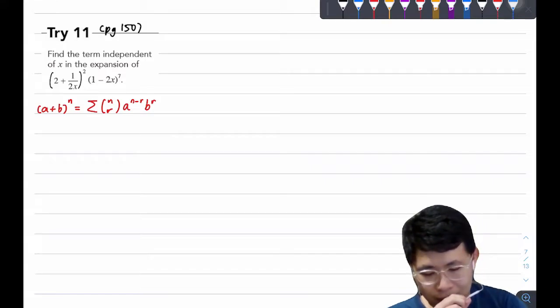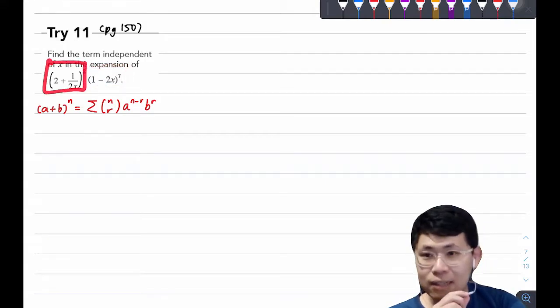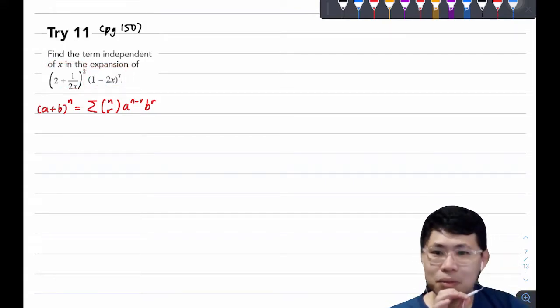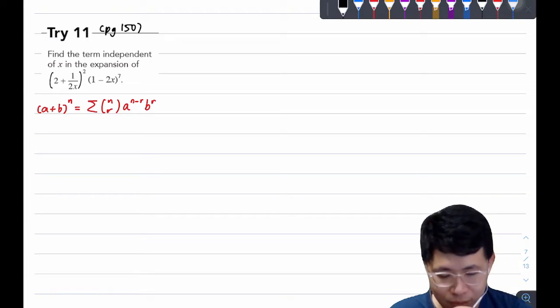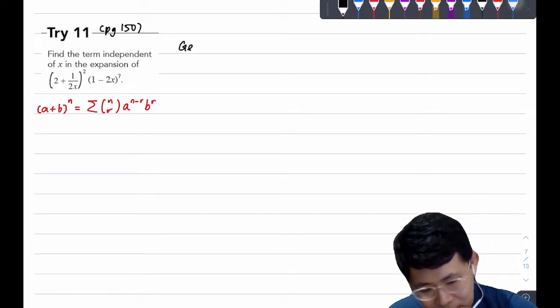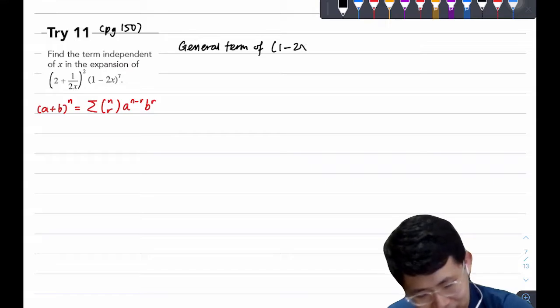So I'm going to find the general term for this, and at the same time I will expand this fully, and then I will multiply and expand accordingly. Okay, so I will show you how to do this. So first, let me obtain the general term for this. So the general term of 1 minus 2x to the power of 7.